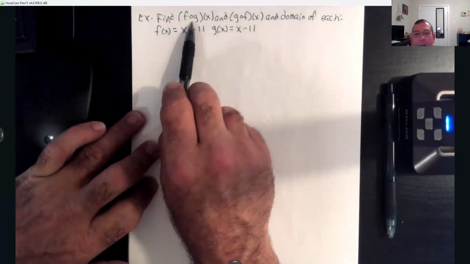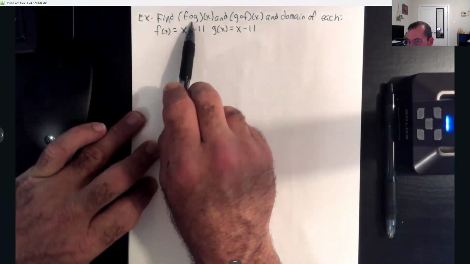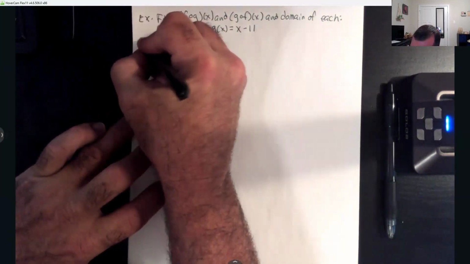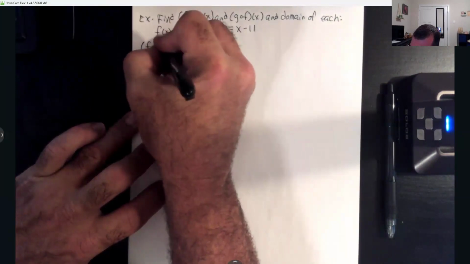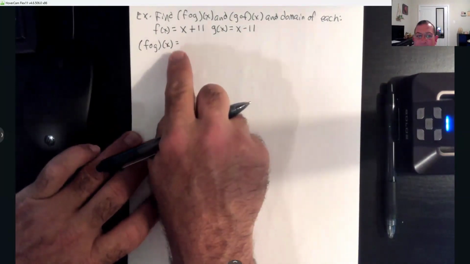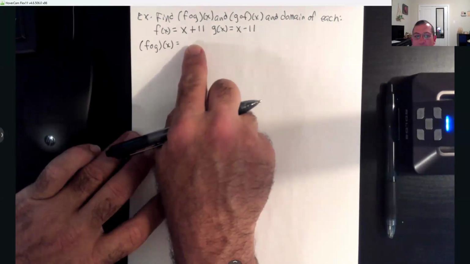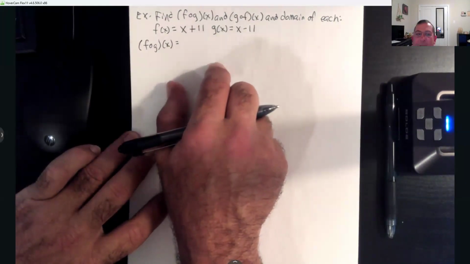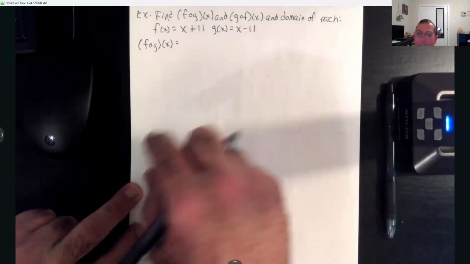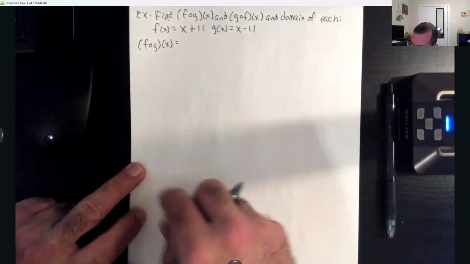First, let's find f composed g of x. You'll find each one of these. Once we find f composed g, we'll put that answer in, then they'll ask for g composed f, we'll put that answer in, and then they'll do the domains.